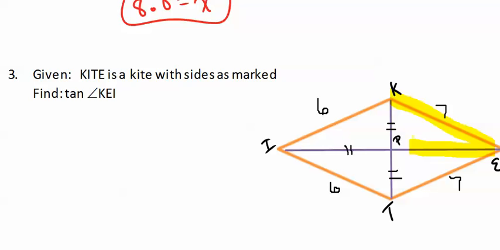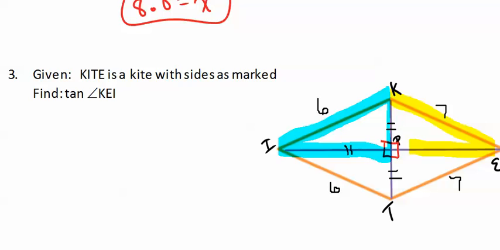But we do know that we have some congruencies, and we do know that in a kite, we have a perpendicular bisector. Now, we don't have quite enough information to find the triangle KEP, but knowing that we have congruencies over here, we'll be able to find out those sides.